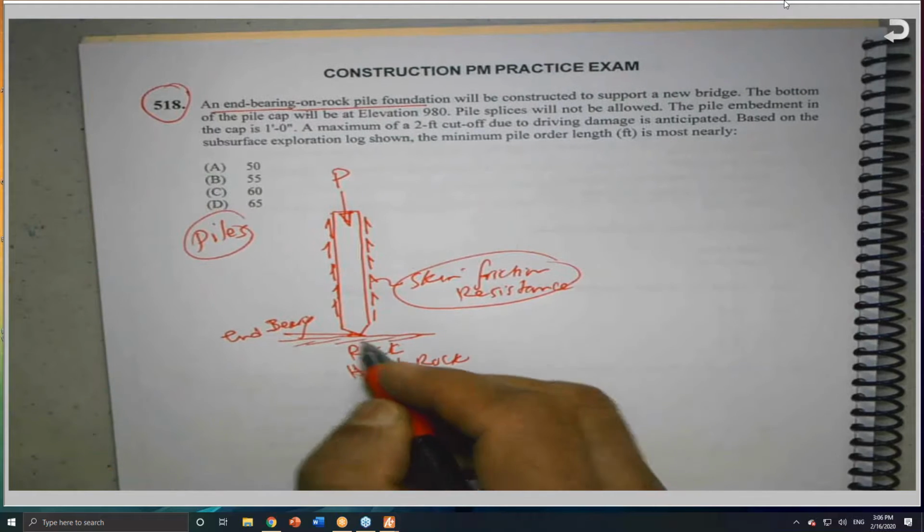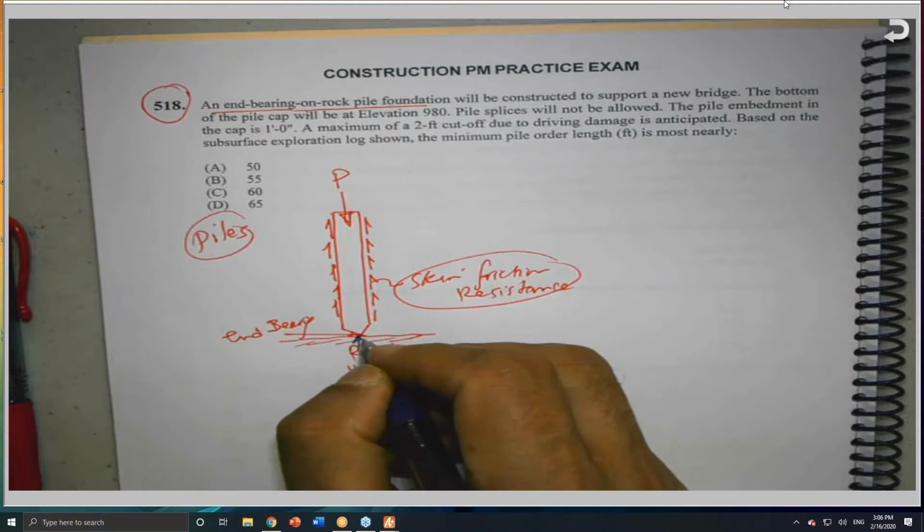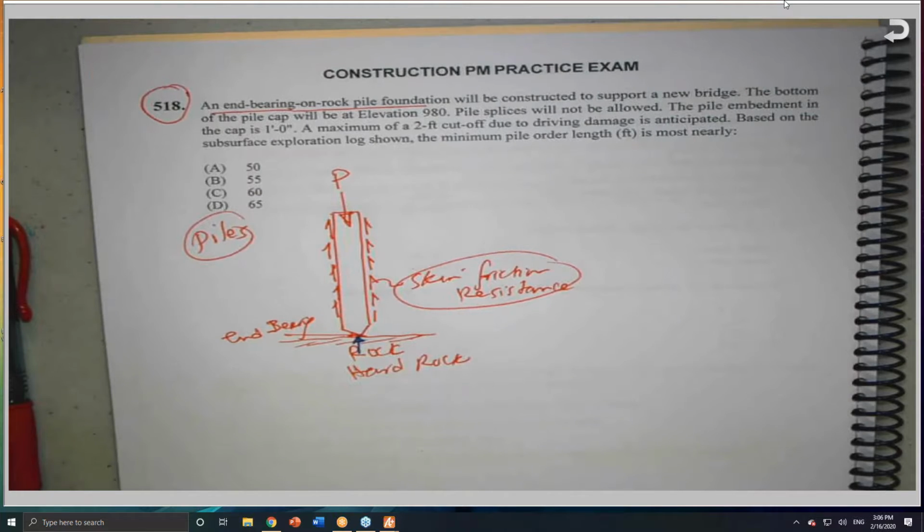These two are the ways, and end bearing is the best.